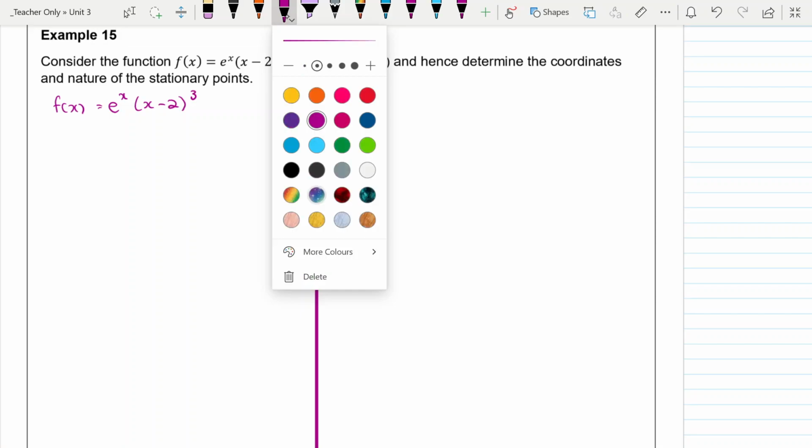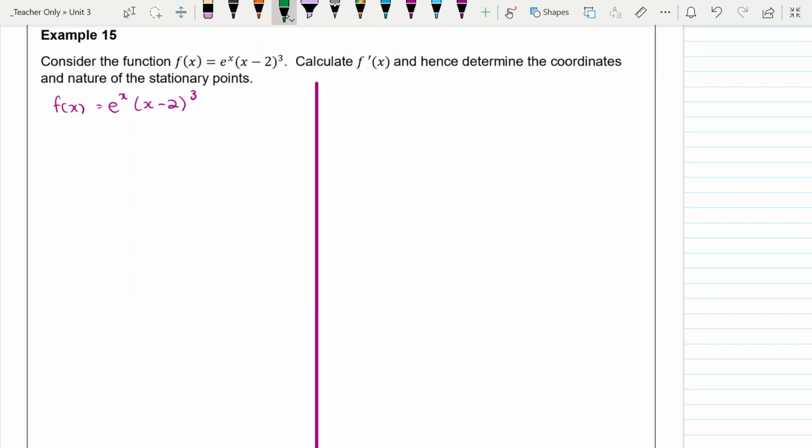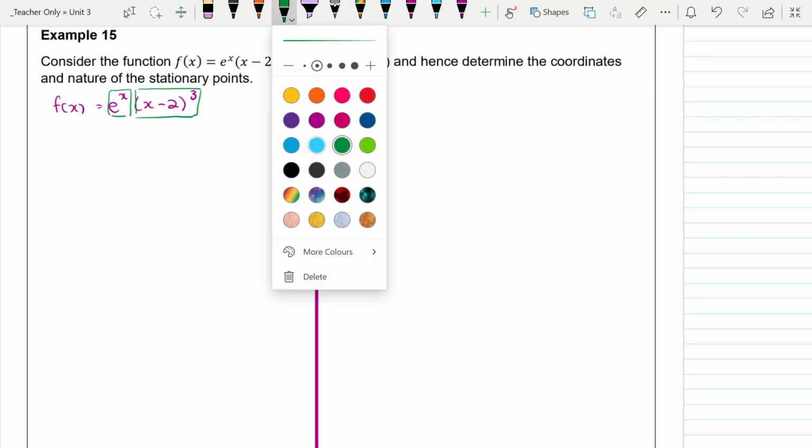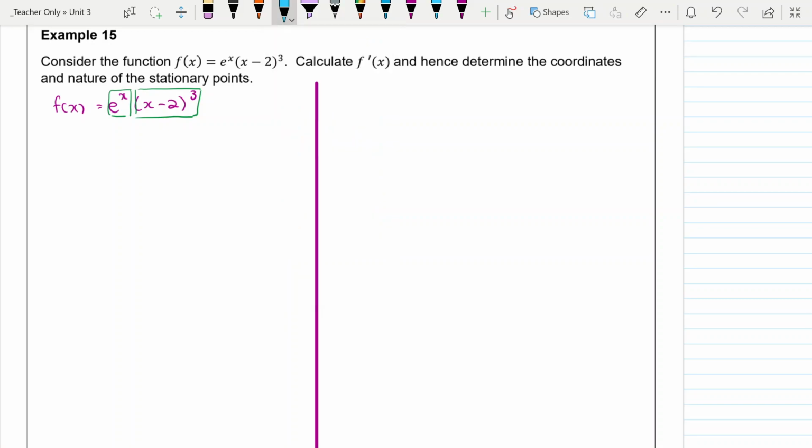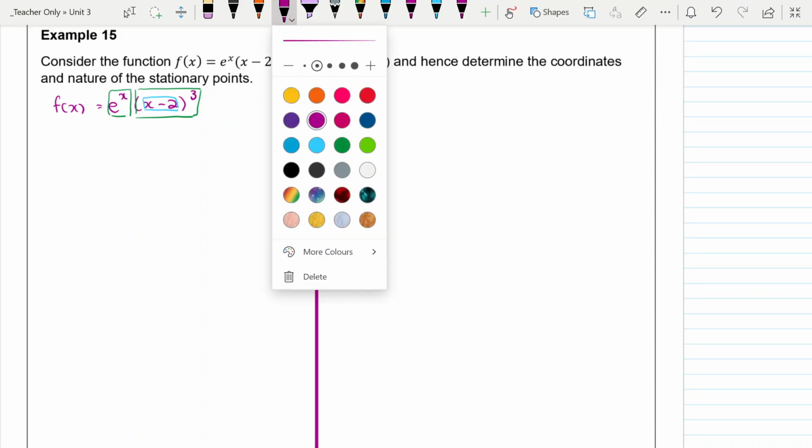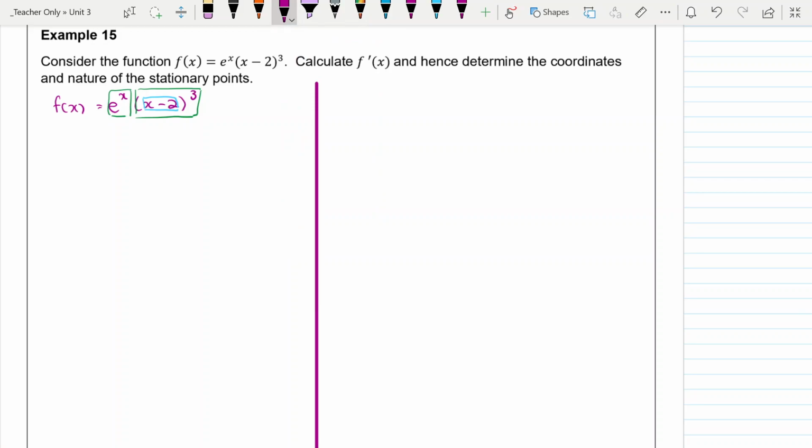And I can see that I've got two functions here multiplied by one another that both contain x, and in practice I also have a function inside of my cubed, so I also have a chain rule with my product rule.